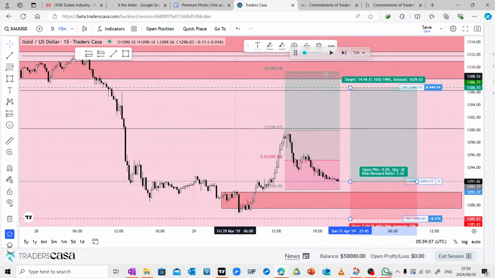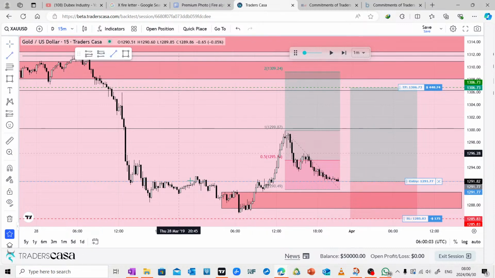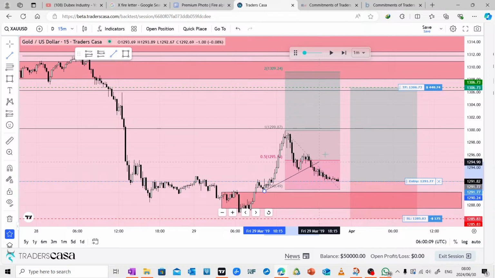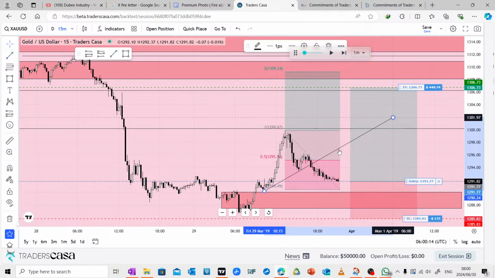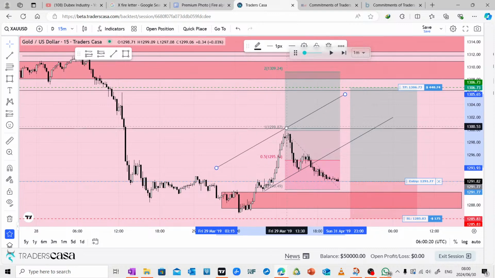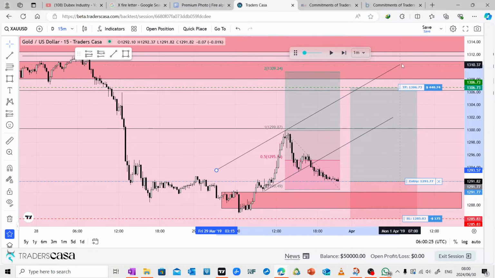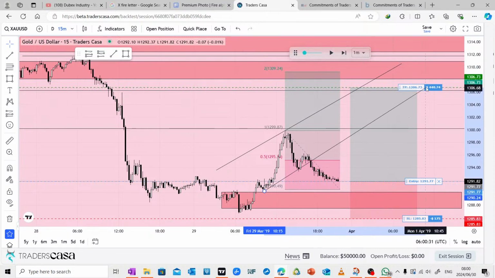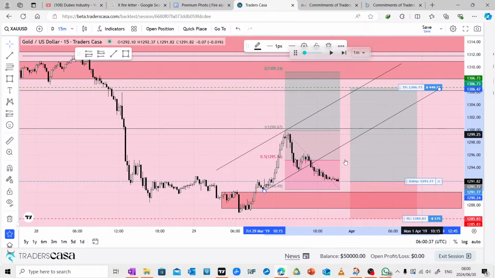However, we want to be selling short in this region, so I'll just map it out for you. This is first low, second low. So I think our trend line is going like this. Then we map it up to the extremes. Like this. So I expect maybe the market to come back into this channel if it can, but if it fails, it's okay.